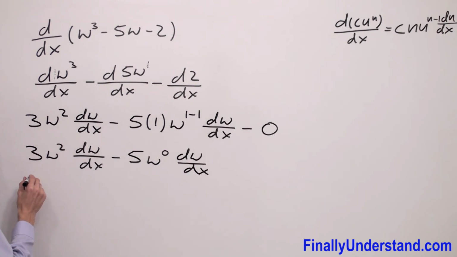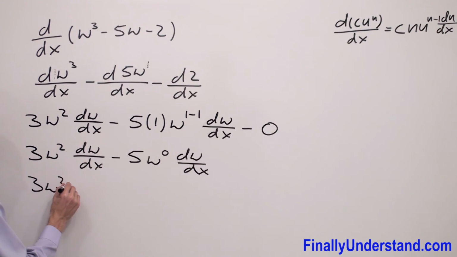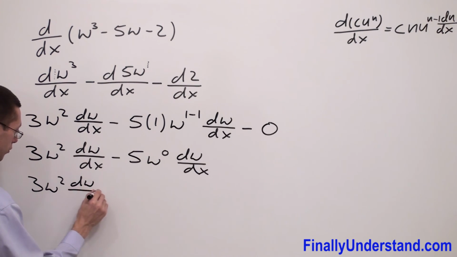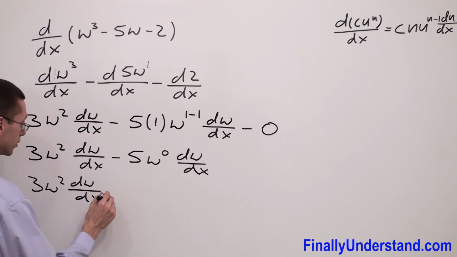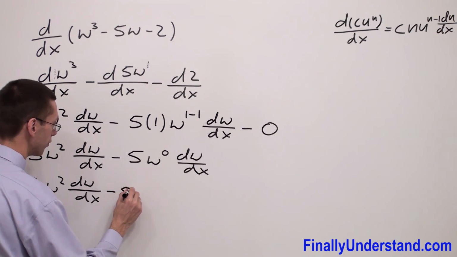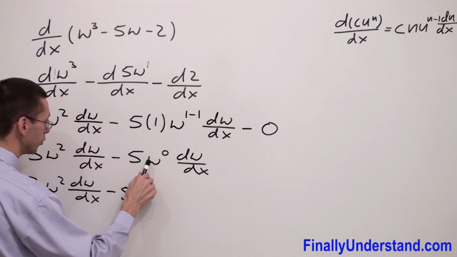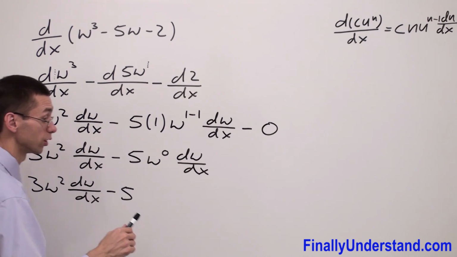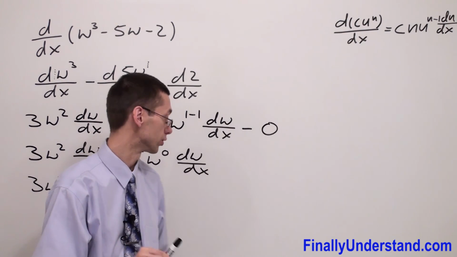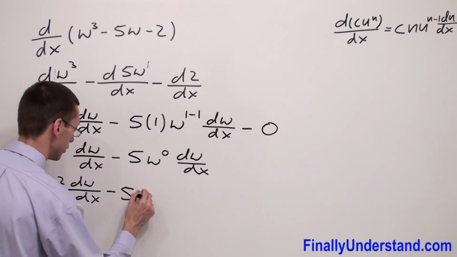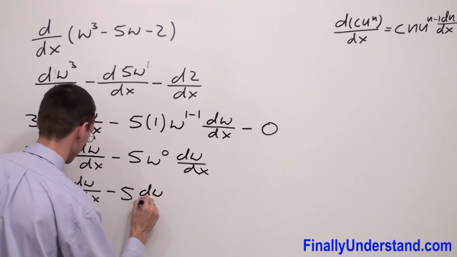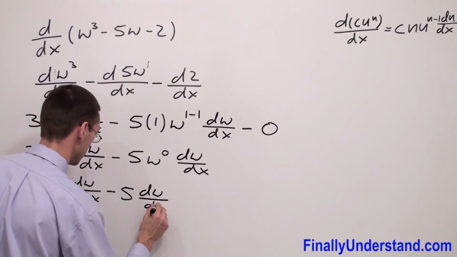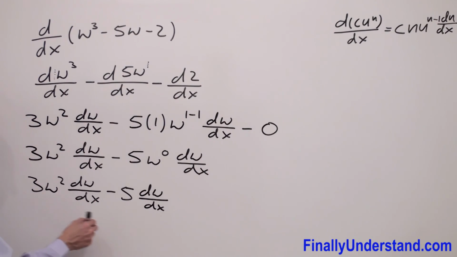Okay, so everything is equal to 3w squared dw over dx minus 5 w raised to power 0, which is equal to 1 if w is not equal to 0, and I have dw over dx. And this is the solution to my problem.